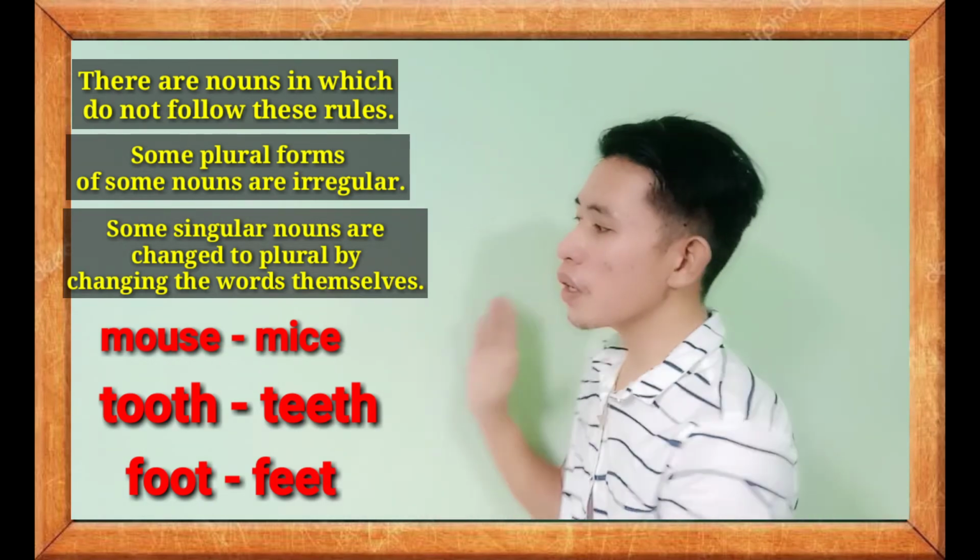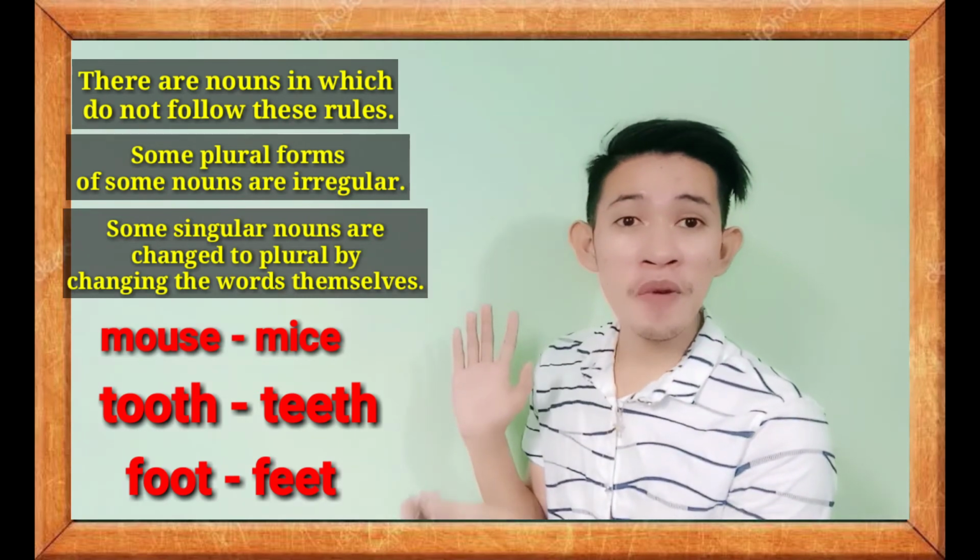So these words are called irregular. So now, I believe that you have understood already what we have talked about. Singular nouns into plural nouns. So do not forget those rules because it will help you to form singular nouns into plural nouns.